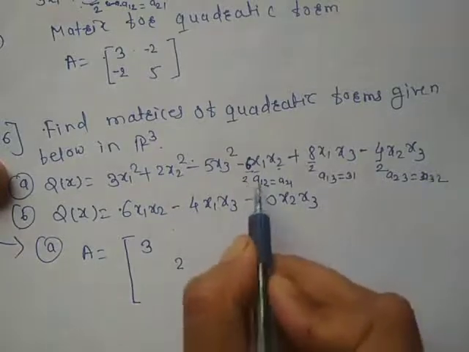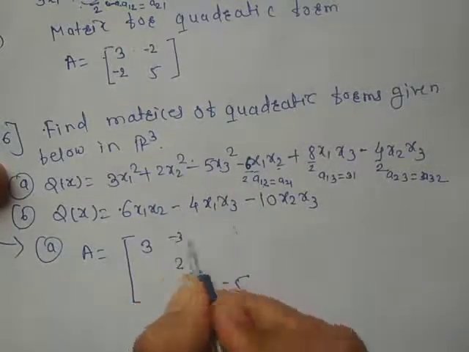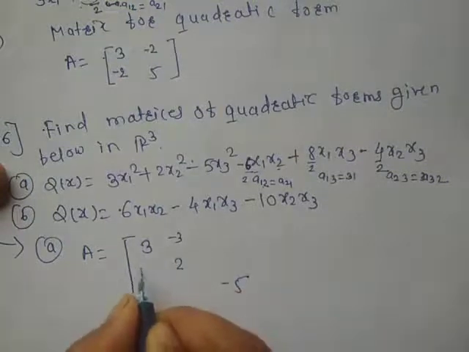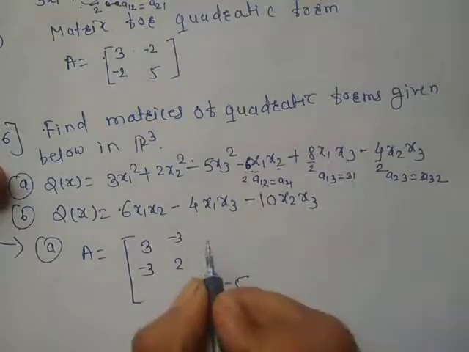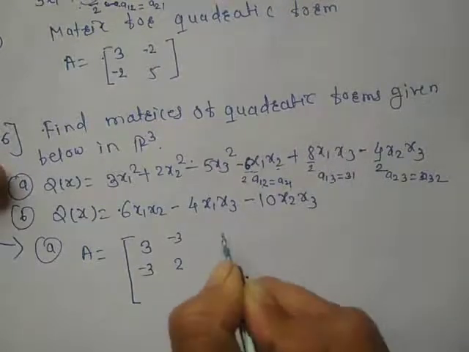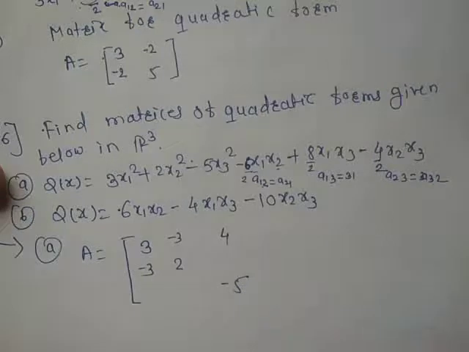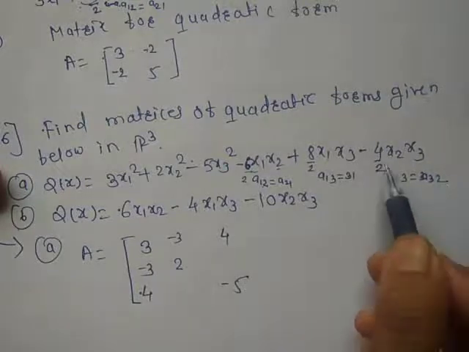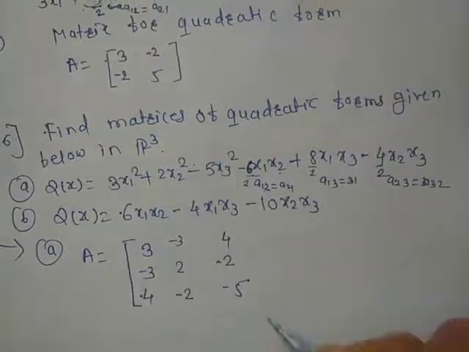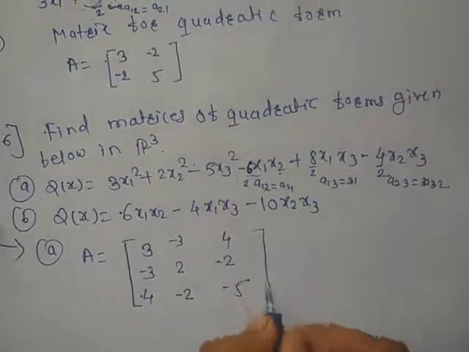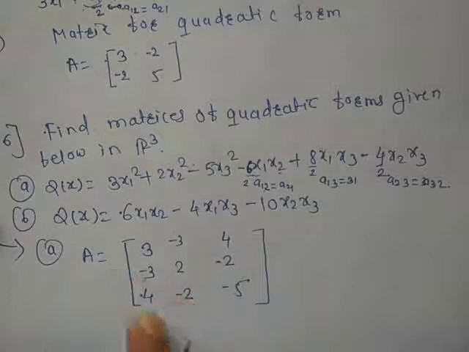So the A12 entry is -3, and the A21 entry is also -3. Next, the A13 entry is 4, so the A31 entry is also 4, and the A23 entry is -2, so the A32 entry is -2. So this is the matrix of the given quadratic form.